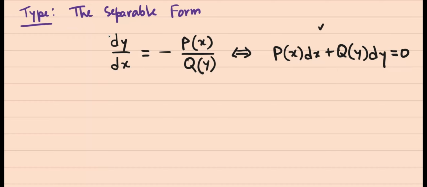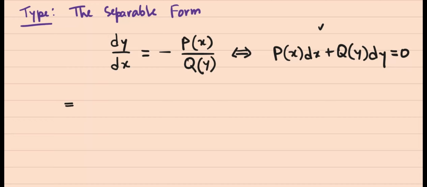As we can see, the function of the variable x and the differential of x can be written entirely on one side or in one term, while the function of y and the differential dy can be written entirely in the other term, and that's how it literally displays the characteristic of separability.